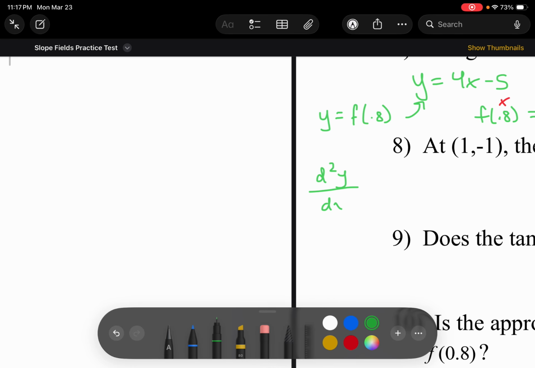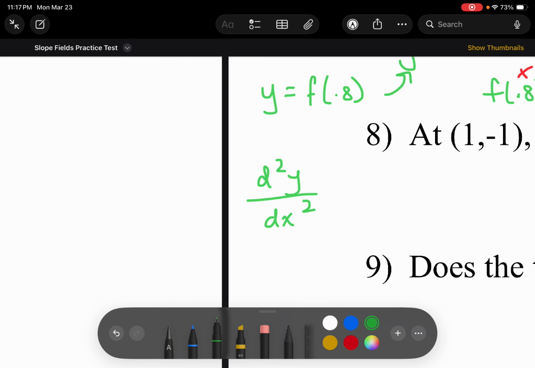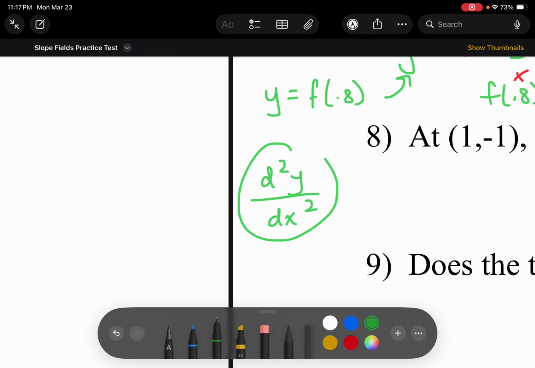d2y over dx squared. Oh, and if you guys are confused about this notation here, this is basically the derivative of the derivative, which is why it's the second derivative.